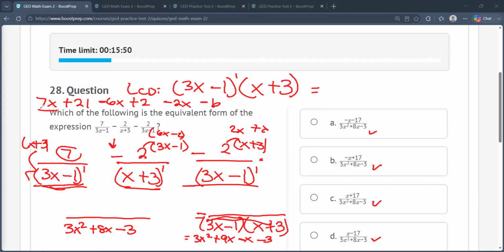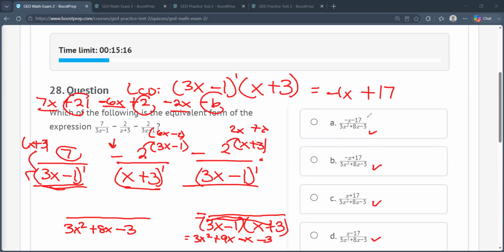Okay, now clean up the top, so start with the highest power. So you can collect this 7x, this negative 6x, and then this negative 2x. What is that going to be? That's negative 1x. And then you have the constants. You have a 21, a 2, and a negative 6. That's 17.